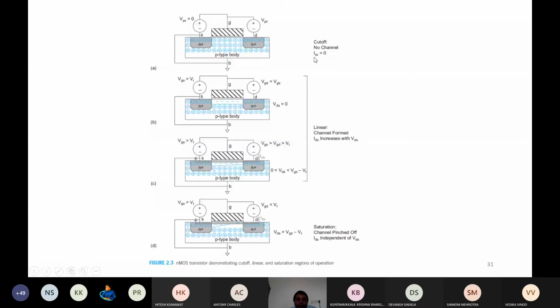This operation is explained for long channel MOSFETs; short channel we will discuss later on. It is assumed there is no current; obviously some leakage current happens in short channel MOSFETs, but in this case no current is flowing, and IDS is cut off. It is called the cut off region, where IDS is assumed to be 0.